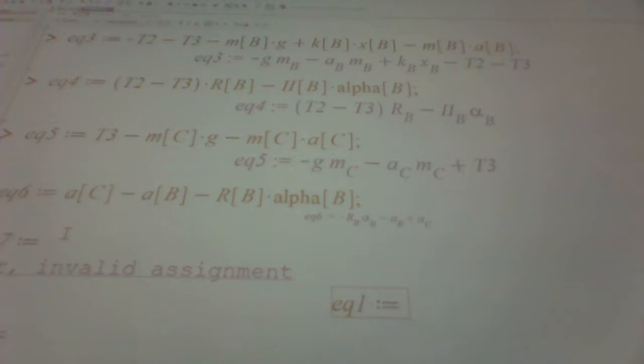Equation 7: a_A minus R_A times alpha_A.